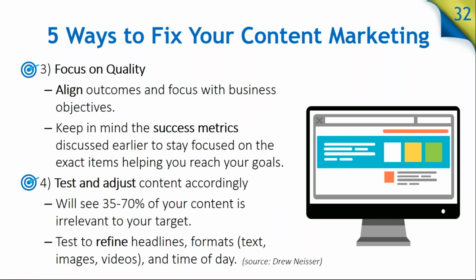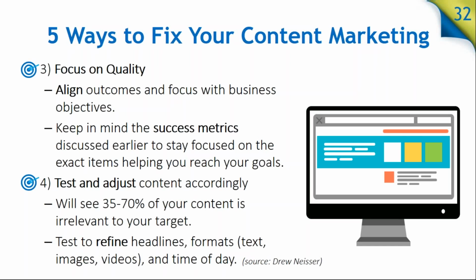Quality. So this is something I brought up earlier. You really have to focus on quality over quantity, especially if you're a small company with just 1 or 2 people who can do your content marketing. It's much better to have 1 blog post a week or maybe 1 webinar a month if it's going to be very, very high quality, because your reputation also depends on this.